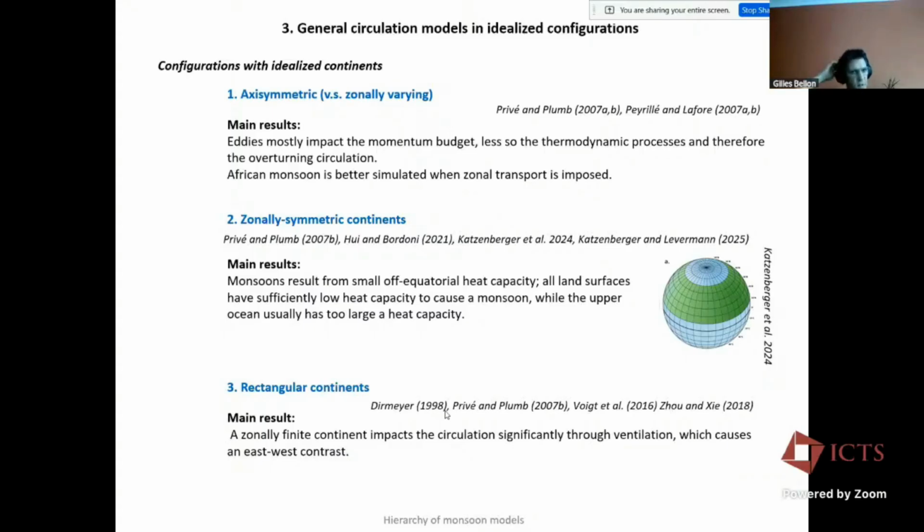And of course, the next level of complexity before we get to the full realistic continents is just rectangular continents. So that's when you have a zonally varying surface condition, and when you have ventilation and zonal transport, that becomes somewhat important.